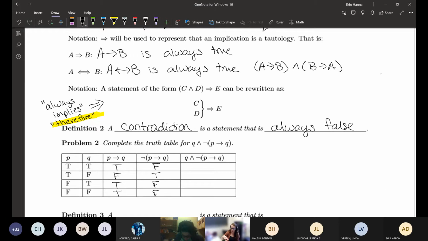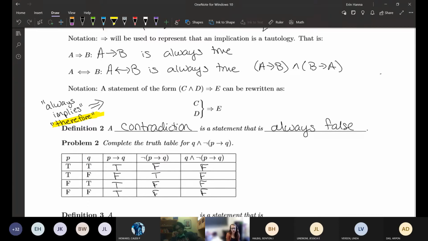Just the opposite of what we had in the P implies Q. And then if we want Q and the not column, we would need both of those two things to be true. So we have a false for the first because the second one's false, false for the second row because the first thing's false, and false for the last two as well. So this came out to be completely false at the end, so this would be a contradiction.